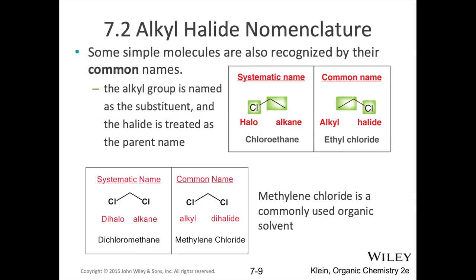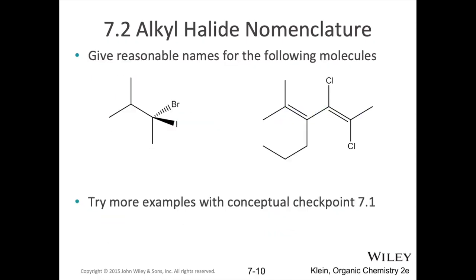Of course, if we use the IUPAC nomenclature, we'd have to look at it from the carbon's perspective. There's only 1 carbon here, so that's a methane, and there's 2 chlorines attached to it, so it's dichloromethane. With that in mind, take a second and practice writing out the names for these 2 molecules.